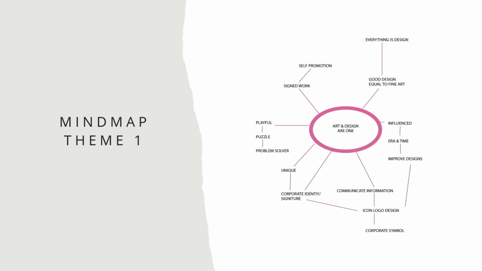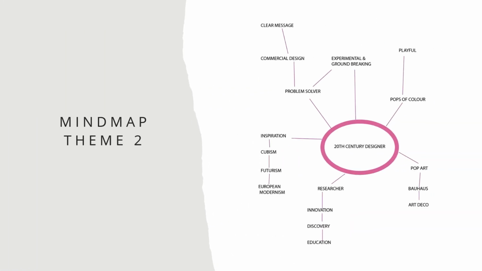Theme 1, my map, was Art and Designer as One, and I chose this because of the way that he promoted himself as an artist and designer by signing his work. Here we take a look at Theme 2, 20th Century Designer. Pretty self-explanatory that Paul was a 20th century designer.